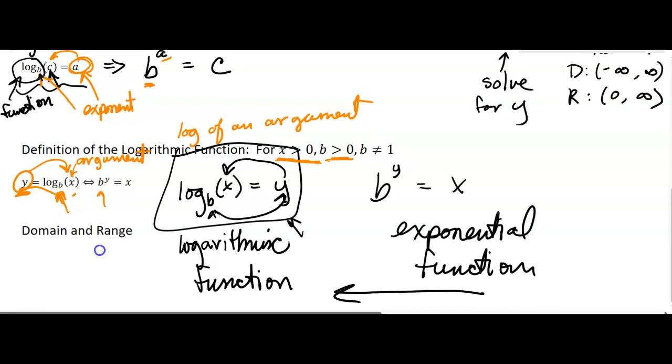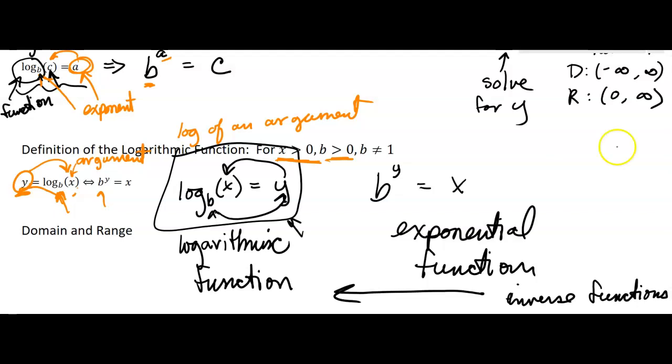By the way, the domain and range. Well, remember, these are inverse functions. Maybe I should write it down here. A logarithmic function and an exponential function are inverse functions. And so their domain and range switch.